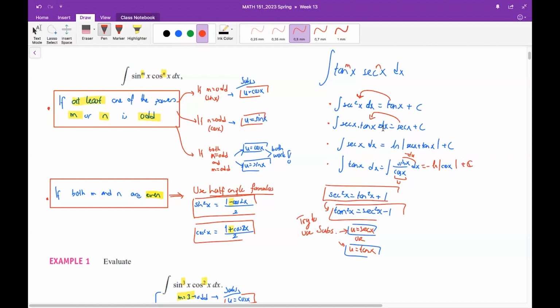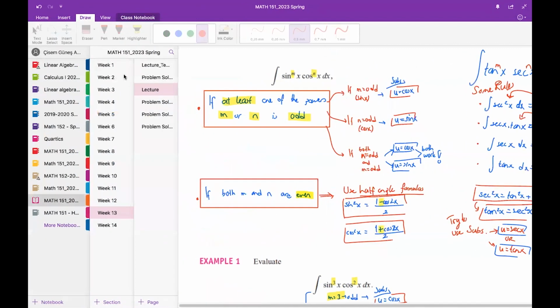Of course, it is secant x. And this is also a rule that I covered in the previous weeks. Integral of secant x is given by this rule. Let me put here some rules. You should know them as rules from now on. And you may also have tangent x dx, and I will explain it in my example. Okay, so that's a quick recall for us.